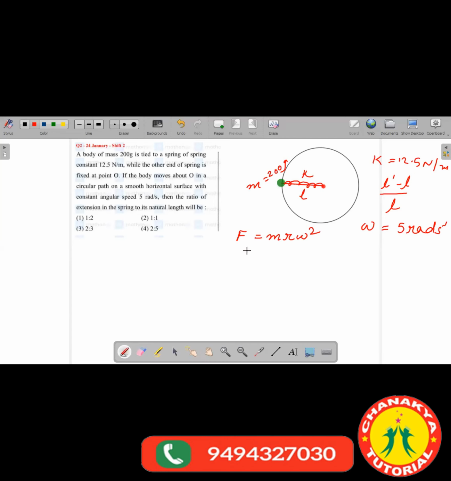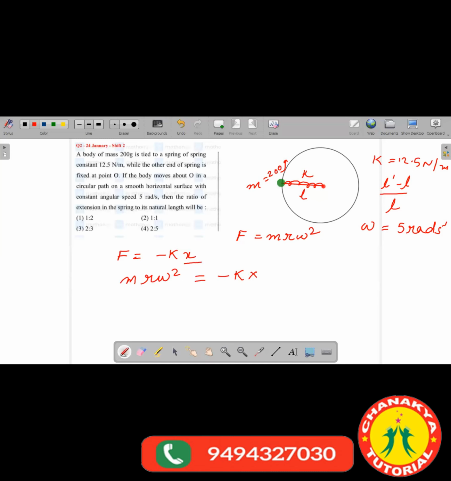So we can find out this force, and this force must be equal to the force due to the extension produced. We can give this force to be equal to minus kx, where x is the extension produced. So F is m r omega squared, which should be equal to negative of k multiplied with the extension x.